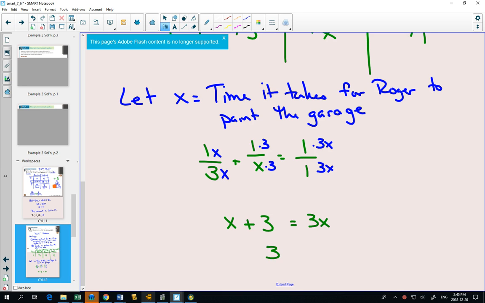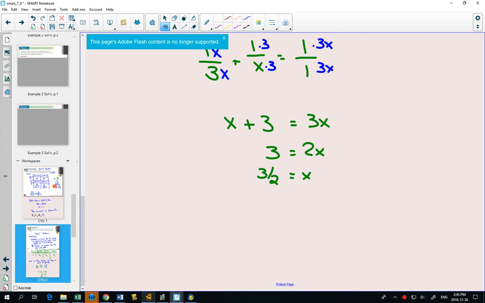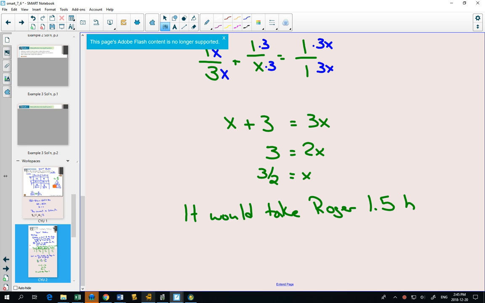Solve for x, combine your like terms. It would take Roger 1.5 hours to paint it on his own. He's a lot faster than Marissa.